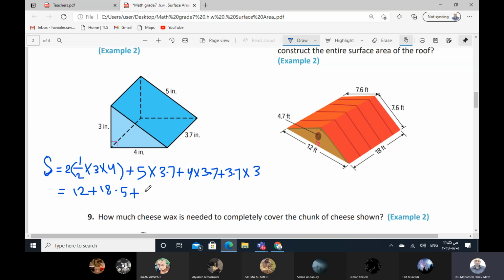The answer will be 14.8, plus here we have 3.7 times 3. The answer will be 11.1.